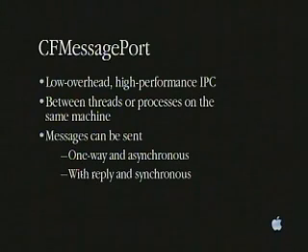So we also have a slightly, just one level up mechanism built on top of them in CoreFoundation called CFMessagePort, which is a high performance and low overhead local IPC mechanism. And you can use it either asynchronously, sending messages one way, or synchronously, sending a message and getting a reply.